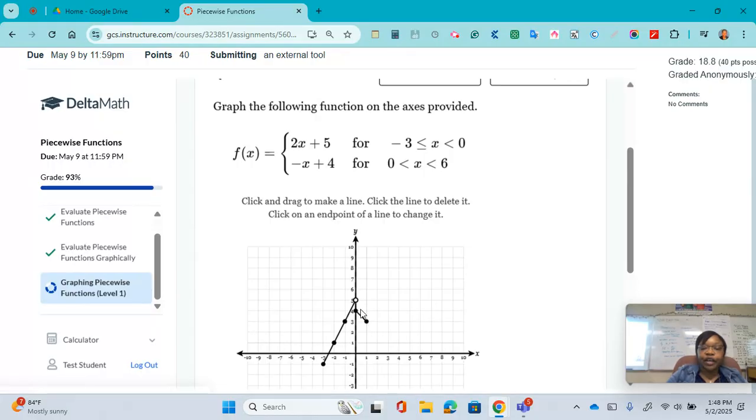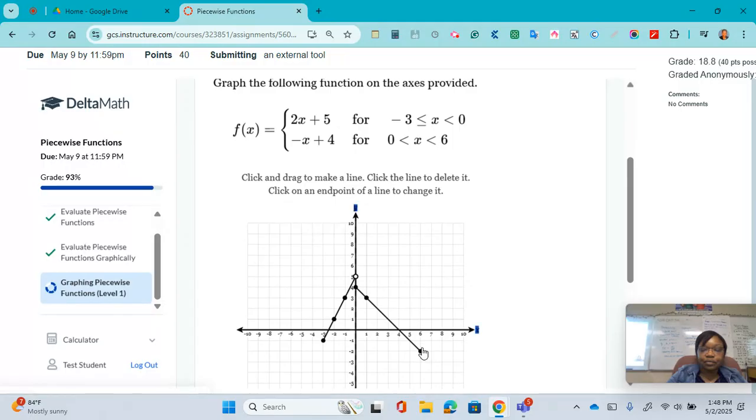And that is only for values between 0 and 6. 0, would that be an open circle or closed circle? Open circle. And 6, will that be an open circle or closed circle? Open.